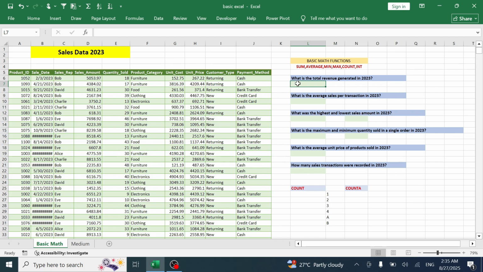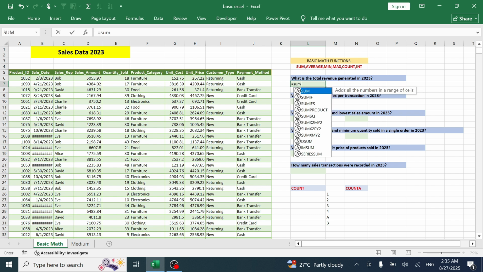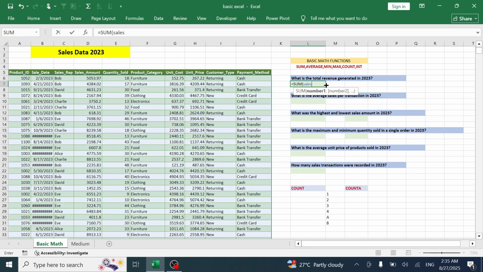Whenever we are using any function or formula, we need to use the equal to sign, then the function name, sum, and here we need to give a range or a particular number. Also we can give a column name, like we have a column named sales amount. So first we give the table name, which is sales, and the column name sales amount, and close the bracket.